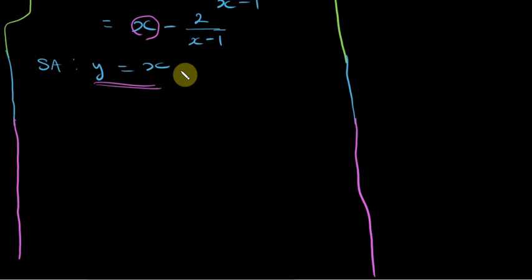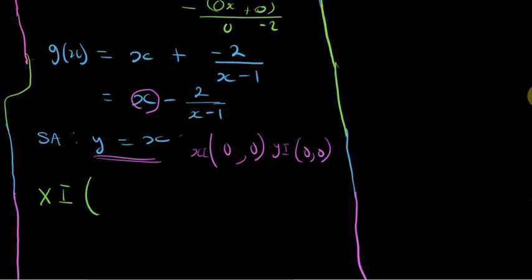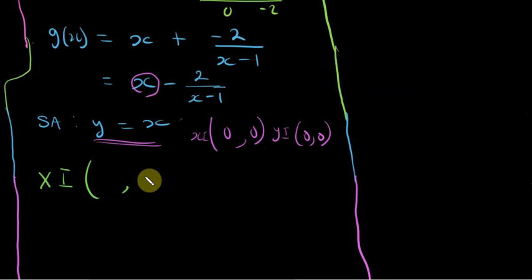From here we can already see, looking at the intercepts of the linear equation, when x is 0, y is 0, and when y is 0, x is 0. Let's find the x-intercept of the rational function, when y is 0. 0 equals x minus 2 over x minus 1.